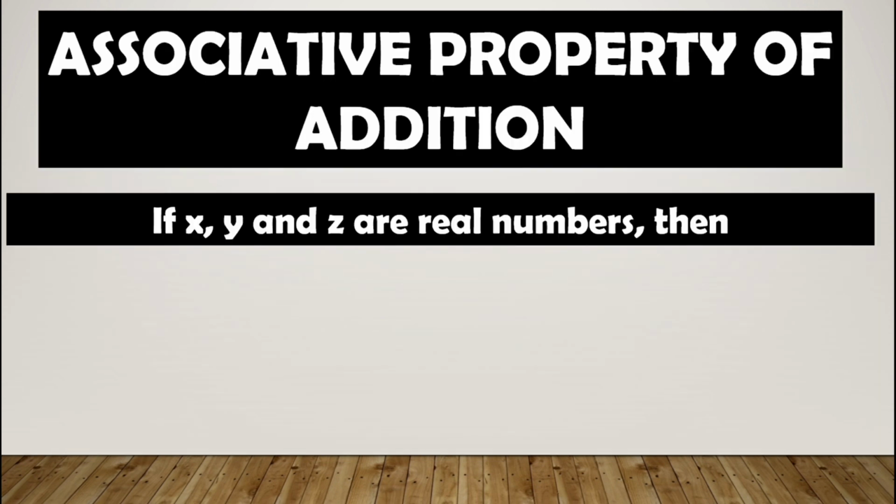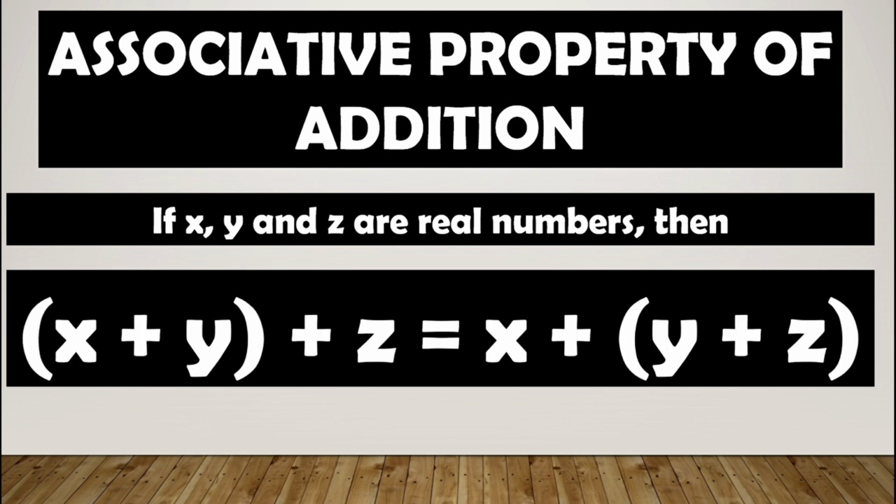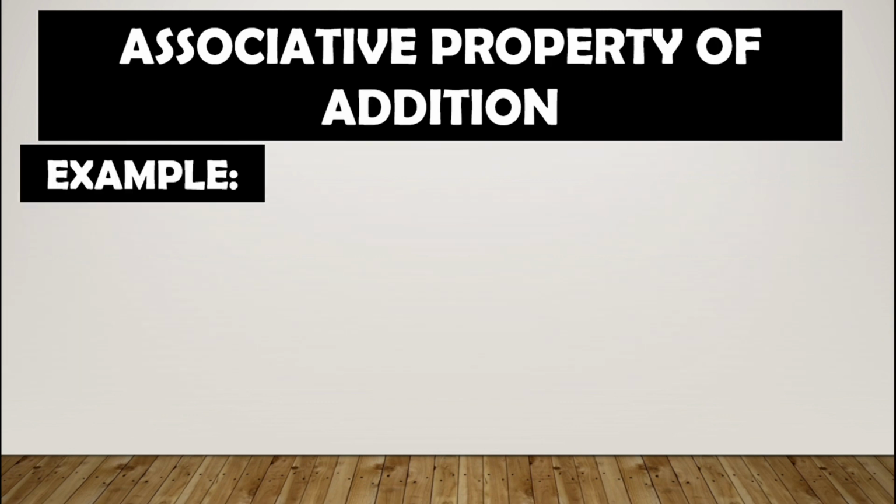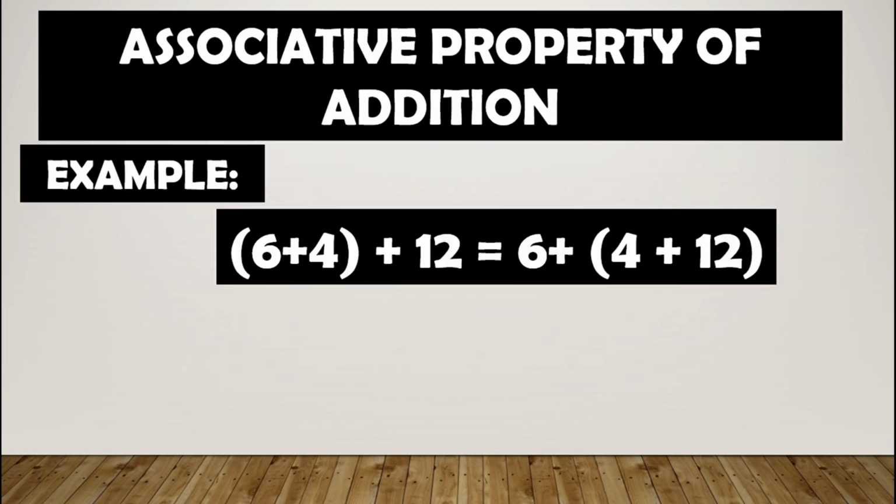If x, y, and z are real numbers, then quantity x plus y plus z is equal to x plus quantity y plus z. Example, quantity of 6 plus 4 plus 12 is equal to 6 plus the quantity 4 plus 12.